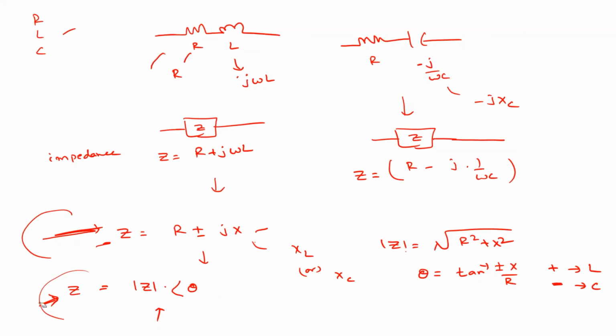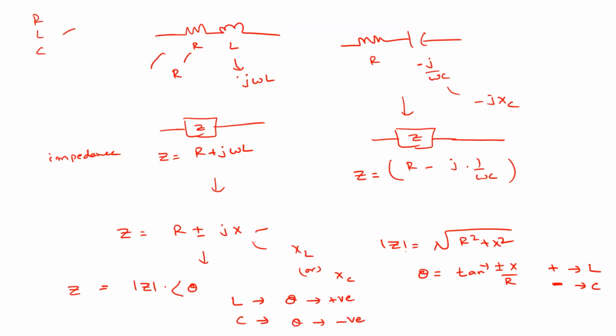So here Z equals the magnitude mod Z at an angle theta, where theta is tan inverse of plus or minus X by R. In the case of inductance, theta is positive, because it is plus X by R. In the case of capacitance, theta is negative.